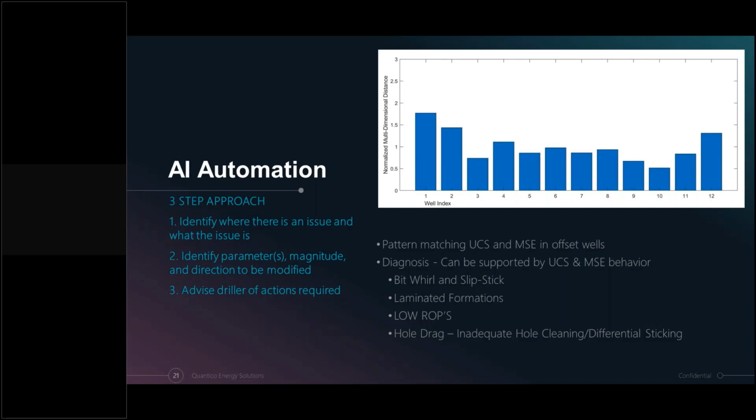So what you're looking for is a good pattern match, where it's close on various dimensions of a multi-dimensional Hilbert space, and that is what allows you to project parameters from one well to another that you're drilling, but with the contextuality of both MSE and UCS in a very automated fashion.